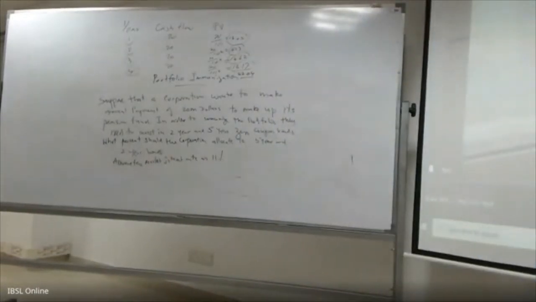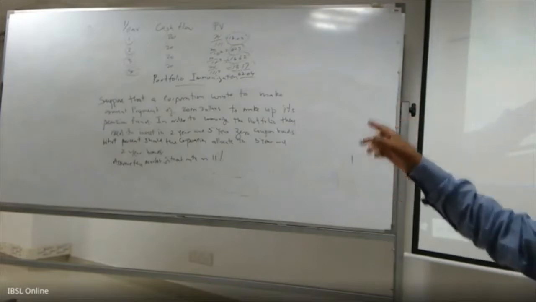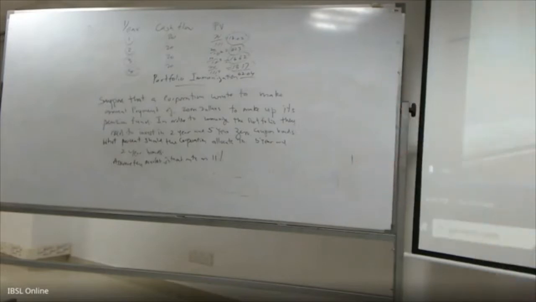Now, what we have done was we have gone through the cash flows where we had 20, 20, 20, 20. Those are for 4 years. And for each year, we calculated the present value. In the first year, the present value is 18.02. In the second year, it will be 16.23. The third year, it would be 14.62. In the fourth year, 13.17.